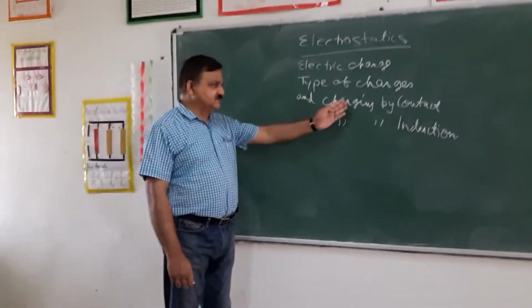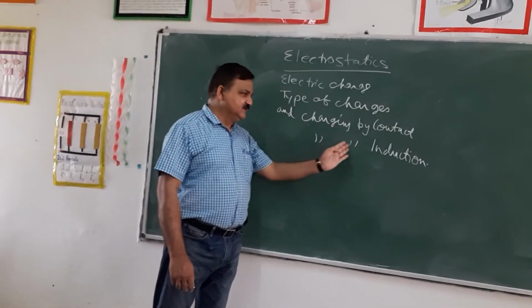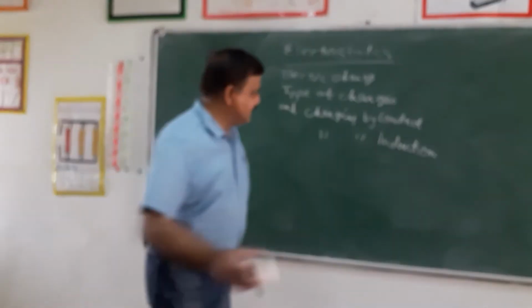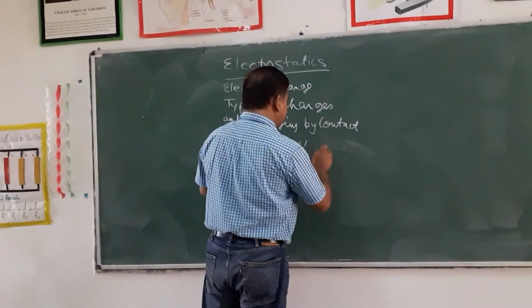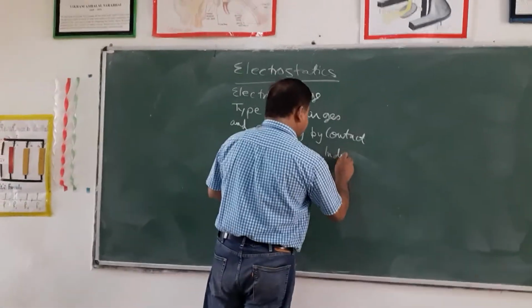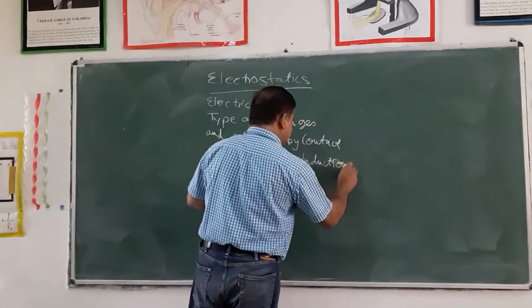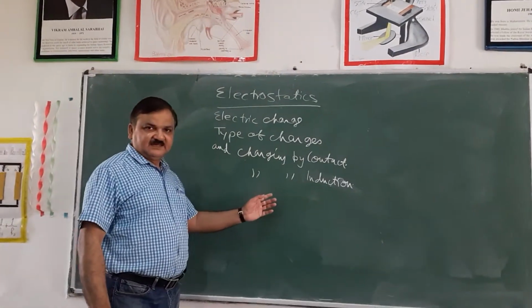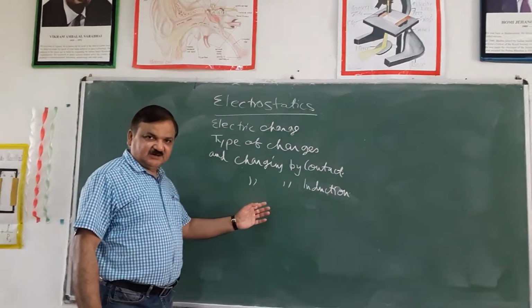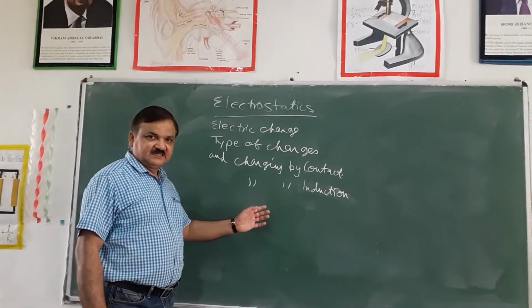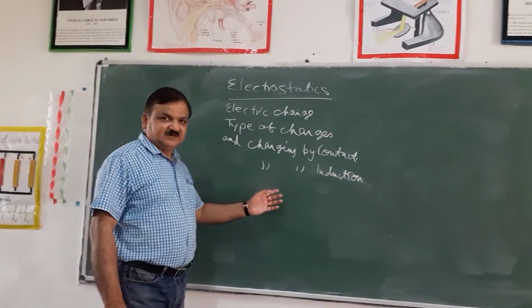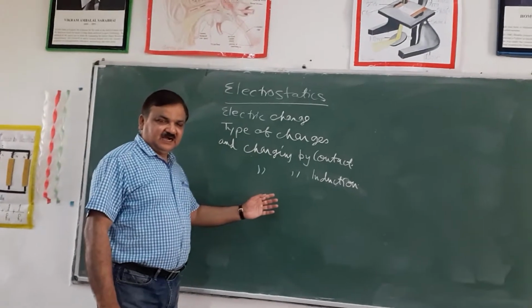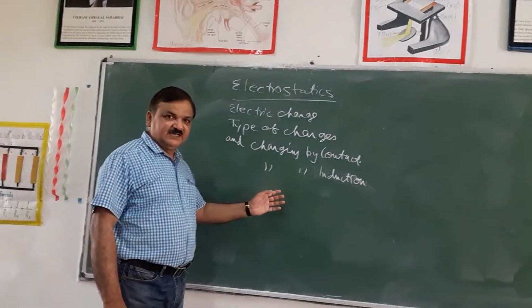And there are two processes of charging: charging by contact and charging by induction. Charging by contact, example: when a glass rod is rubbed with silk, then both glass rod and silk are being charged by contact.